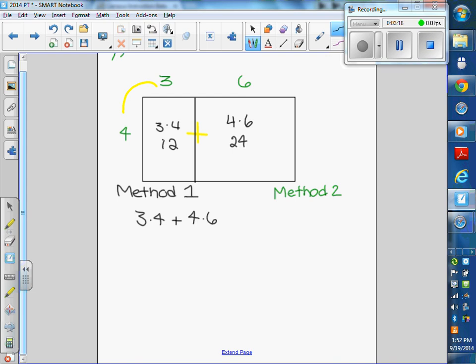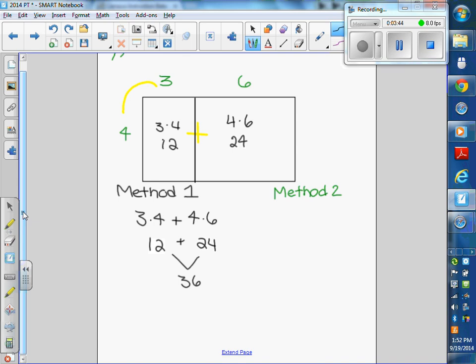And then 3 times 4 was 12, and 4 times 6 was 24. So when we add them together, we get 36. That's one method. Raise your hand if that makes sense. Okay, I see about a third of the hands. Don't raise your hand just to be polite. If it doesn't make sense, you don't have to raise your hand.